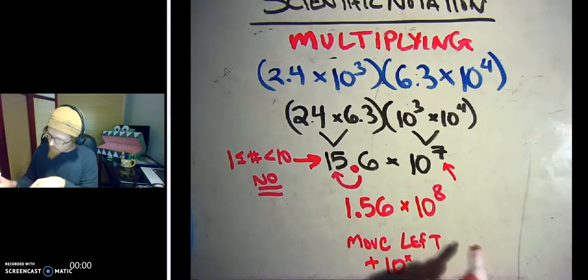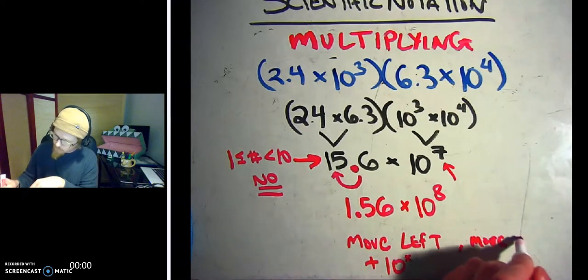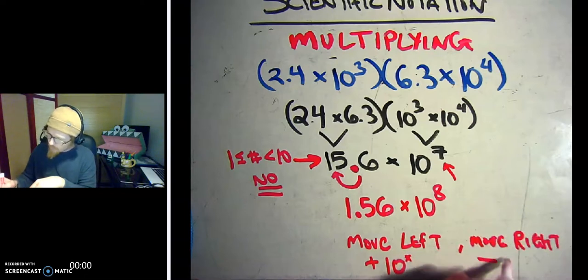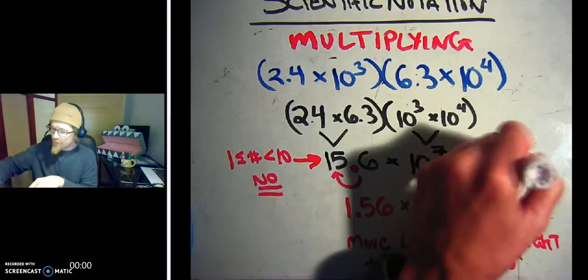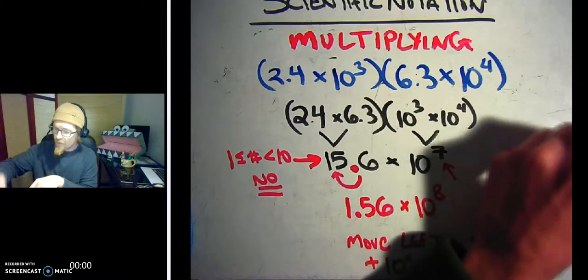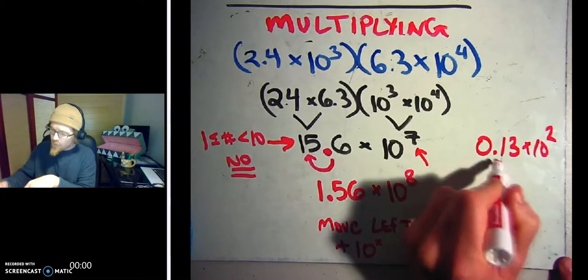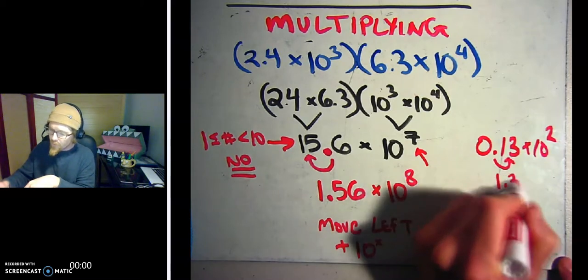So it's going to work the other way. If you have to move the decimal over to the right to account for your answer, you're going to take away a power of 10 on that answer. So if you had an answer of 0.13 times 10 to the second power as an example, you would need to move this decimal to the right one to get 1.3.